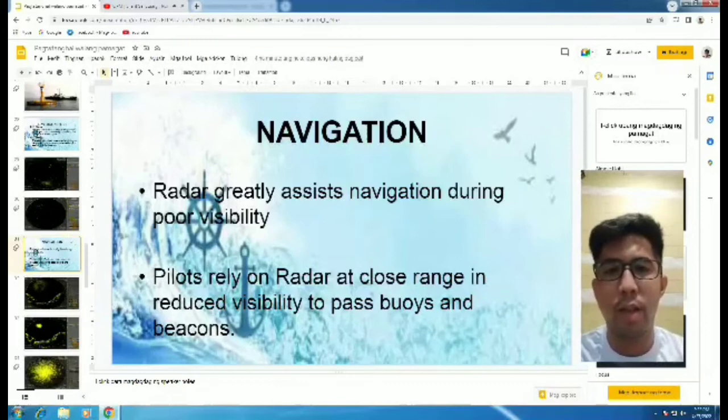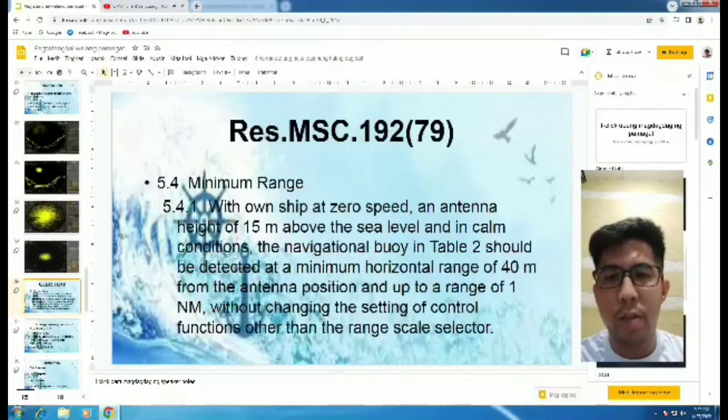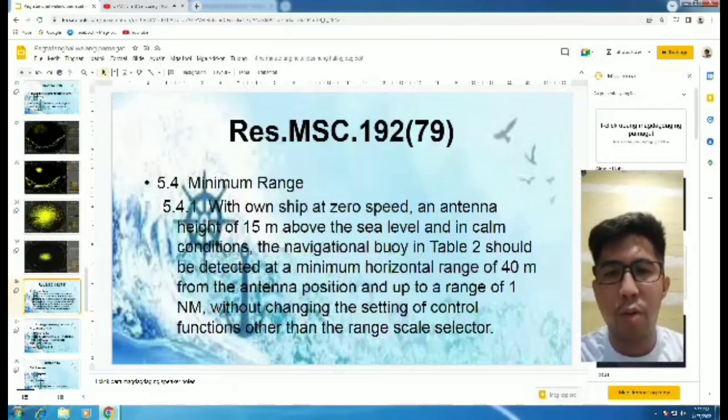Resolution MSC.192(79) minimum range: with the ship at zero speed, an antenna height of 15 meters above sea level, and in clear conditions, the navigational buoy in Table 2 should be detected at a minimum horizontal range of 40 meters from the antenna position up to a range of 1 nautical mile without changing the setting of control functions other than the range scale selector.